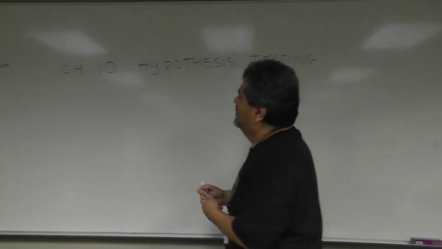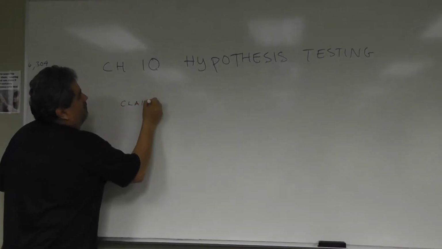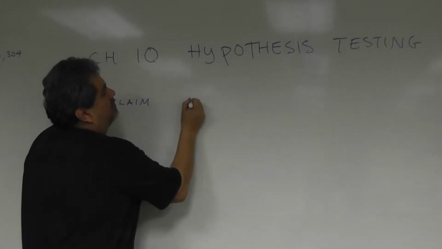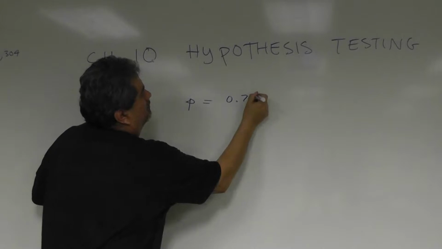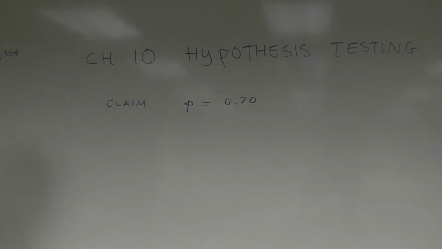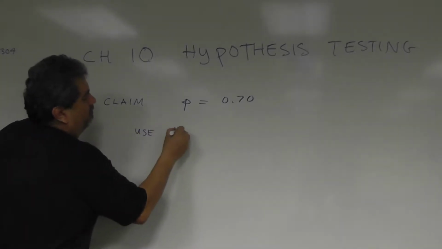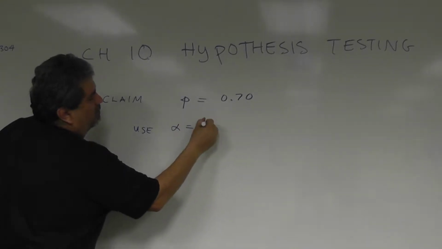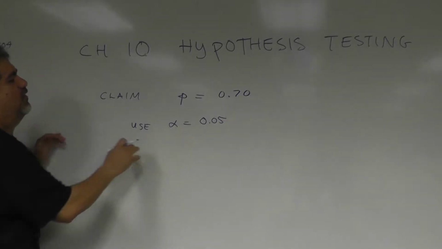All right, so let's say that somebody is making a claim that the percentage of the population is 70%, right? And then we are going to use an alpha of 5%.